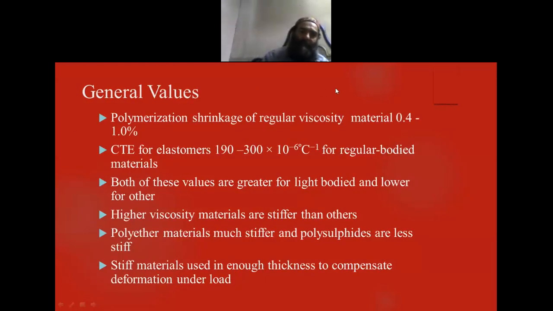General values. Polymerization shrinkage of regular viscosity material is 0.4 to 1%. Coefficient of thermal expansion of elastomeric is 190 to 300 multiplied by 10 raised to power minus 6 per degree centigrade for regular bodied materials.